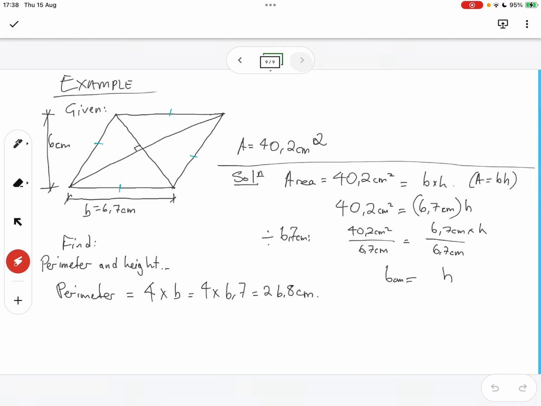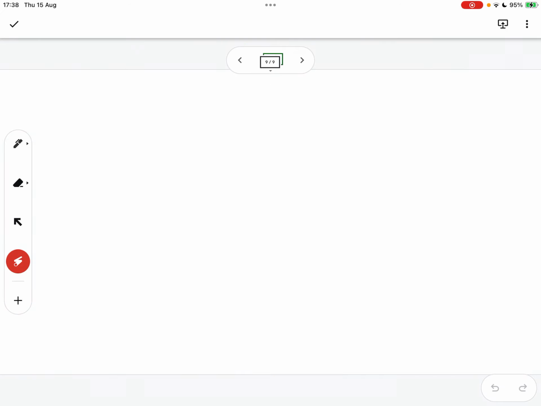And the last problem that we can look at for the evening before you go do self-study, we have a quadrilateral that is a rhombus.